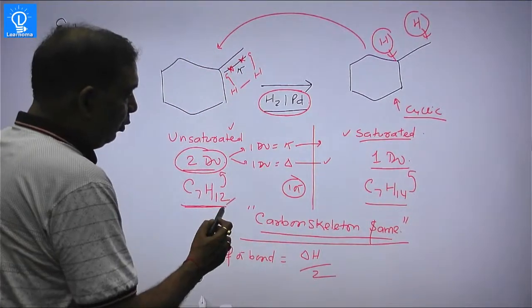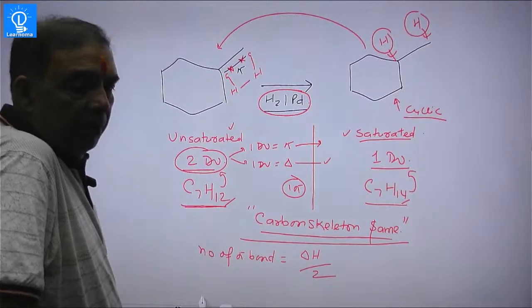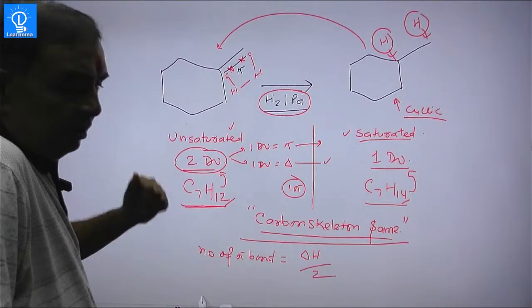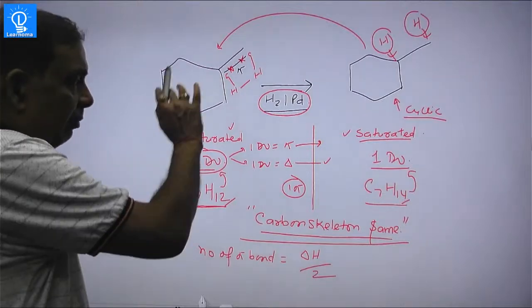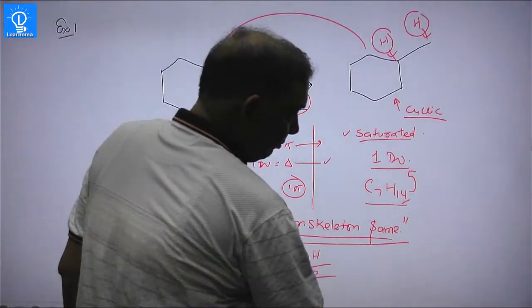The difference is 2. Why 2? Because 1 pi bond is there. See this. That is a technique. This is about hydrogenation. Now, I have to discuss one more point.